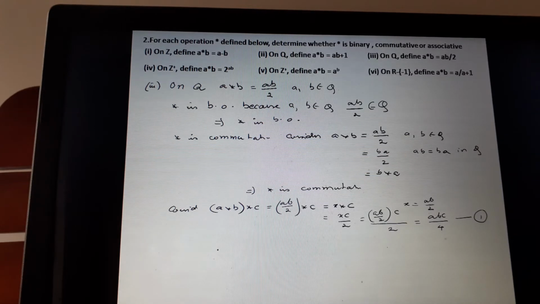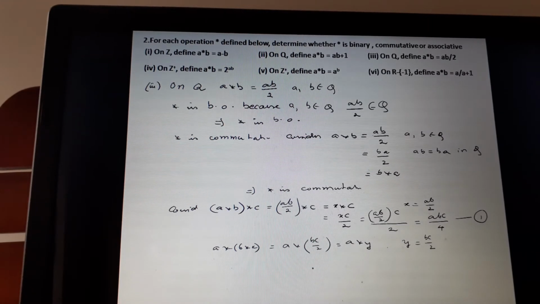Similarly, let us take A star (B star C). So B star C, as before, gives A star (BC by 2). Once again, as it is difficult to write directly, let us take this as A star Y, where Y equals BC by 2. This is not a must actually. If you can write directly, it is okay. So this equals AY by 2. So this is A into (BC by 2), then divided by 2.